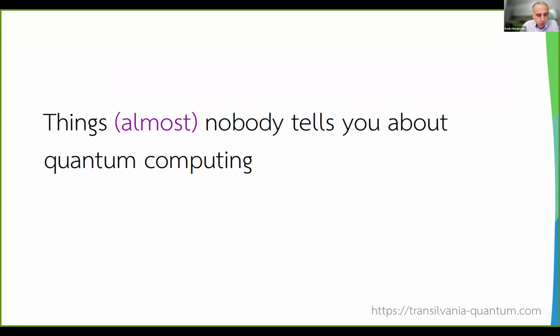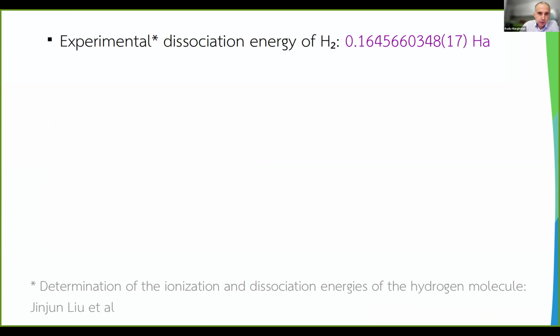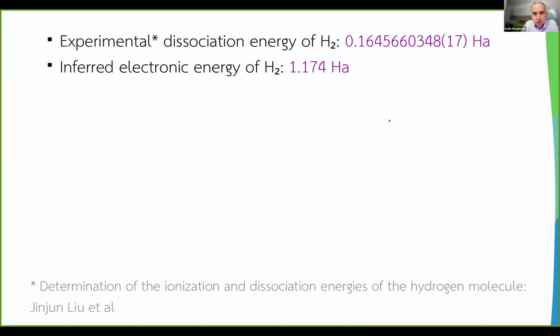I will start with a short motivation on why we have created these two tools. And I will start with a few things that almost nobody tells you about quantum computing. So first of all, the experimental dissociation energy for a hydrogen molecule is about 0.164 Hartree.